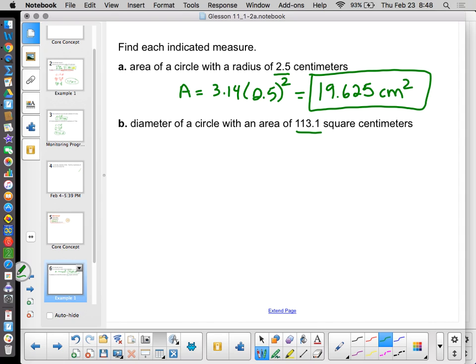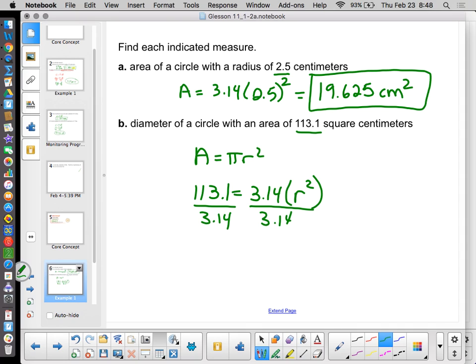Find the diameter of a circle with area 113.1 square centimeters. Okay, so this is the same formula. Area equals pi r squared, except it's a little more complicated because of the squared. We still plug the 113.1 in for the area. The pi I'm going to make 3.14 times r squared. And you divide by 3.14.